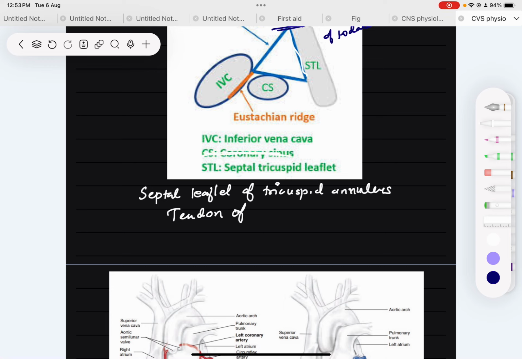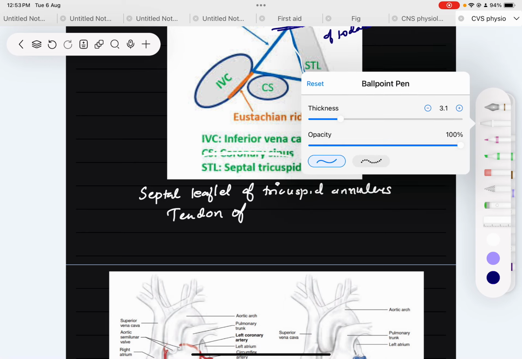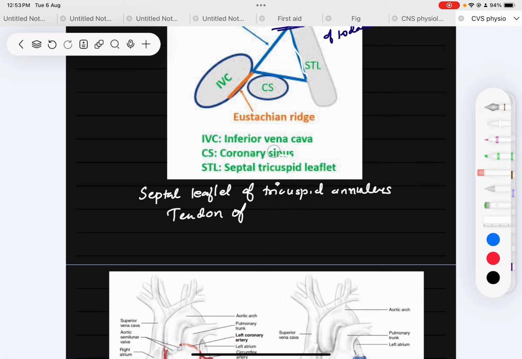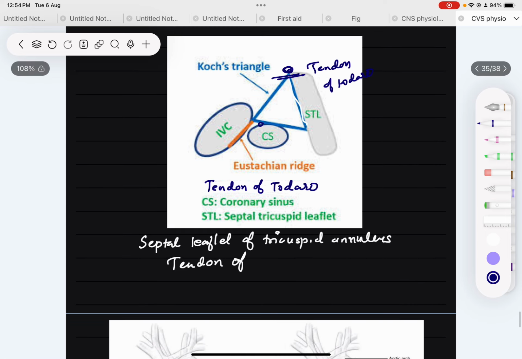Remember tendon of Todaro. So 1, 2 and this 3.